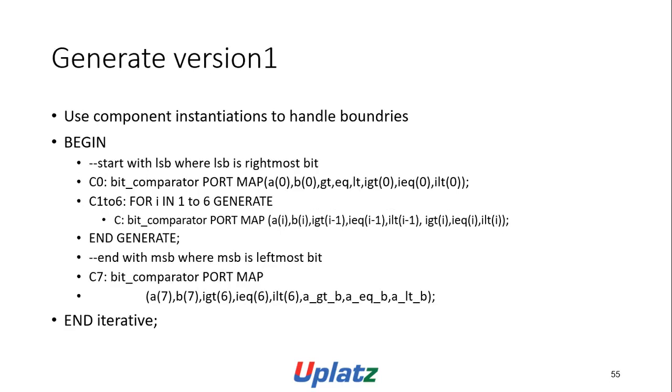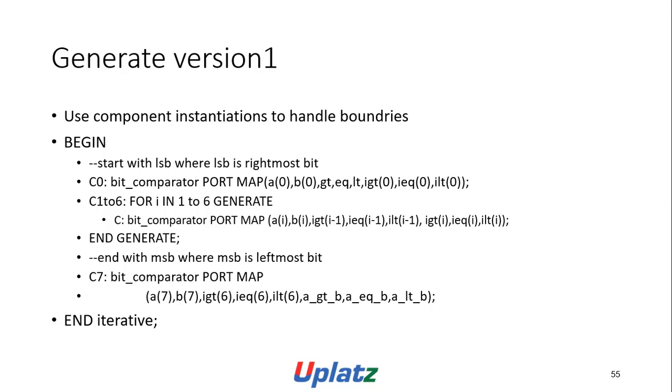Generate version: use component instantiation to handle the models. Begin, starting with LSB, where LSB is the least significant bit. C0 bit comparator port map A0, B0, GT, equal to, less than in, IGT of 0, IEQ of 0, ILT of 0. C1 to 6: for I in 1 to 6 generate, C bit comparator port map AI, BI, IGT of I minus 1, IEQ of I minus 1, ILT of I minus 1, IGT of I, IEQ of I, ILT of I, end generate.